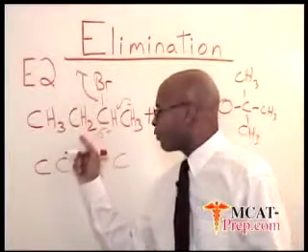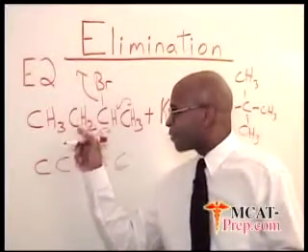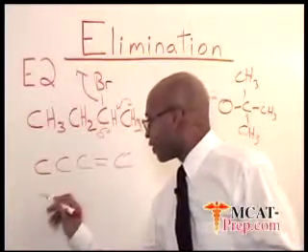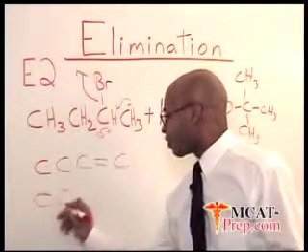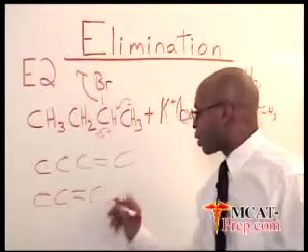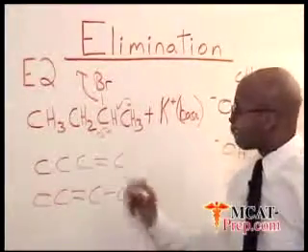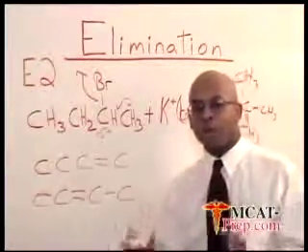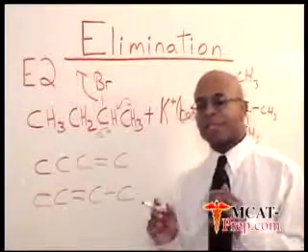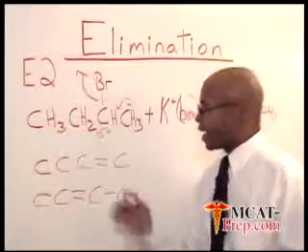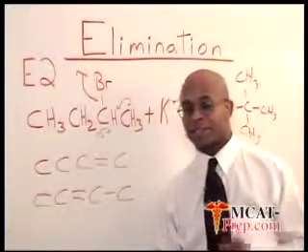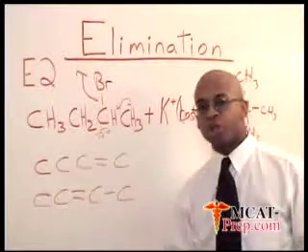But every so often it might take one or two from this particular position, and therefore we would have this as our product. We'd have carbon, carbon, then double bond, carbon, carbon, because the double bond would form between here and bromine would be kicked out. Either way, these are elimination, second order reactions, producing either 1-butene, which would be our major product in this case, or 2-butene.